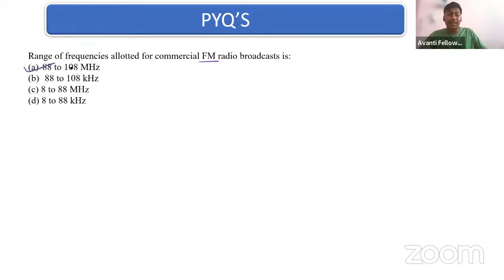We already discussed that FM radio broadcasting needs to be very high frequency, in terms of megahertz, 88 to 108 megahertz. This option has kilowatt, that's why it is incorrect. Here we have 8 to 88, but it should start from 88, so we can't say this option is correct. Because of that, only option A will be correct.